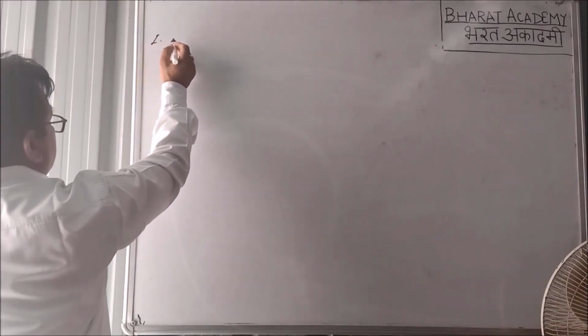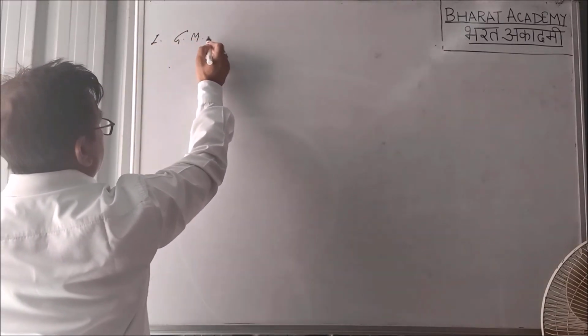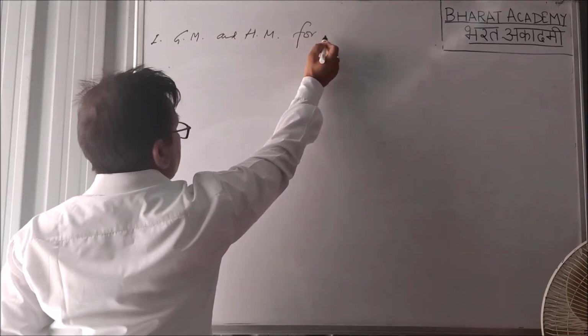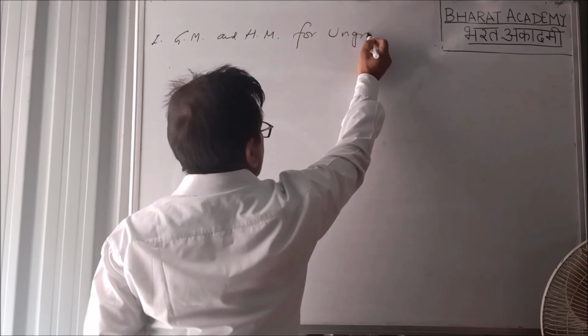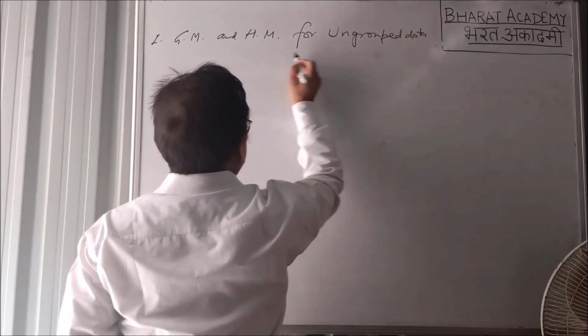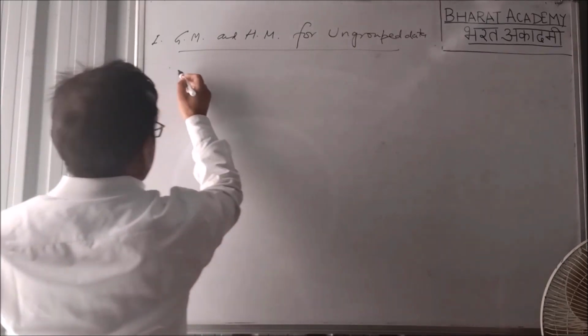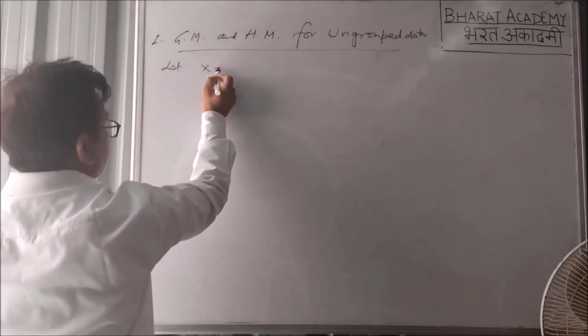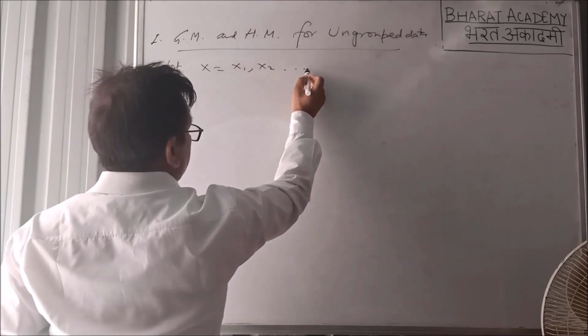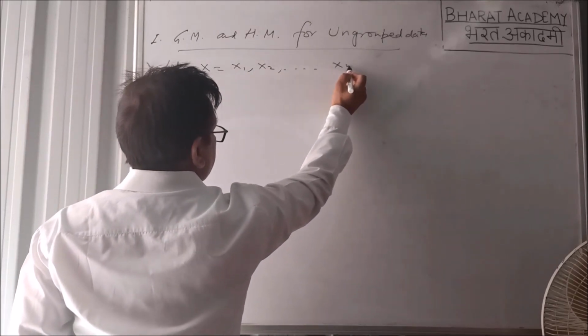Now first is geometric mean and harmonic mean for ungrouped data. For ungrouped data, let x be any variable having these values x1, x2 up to xn.